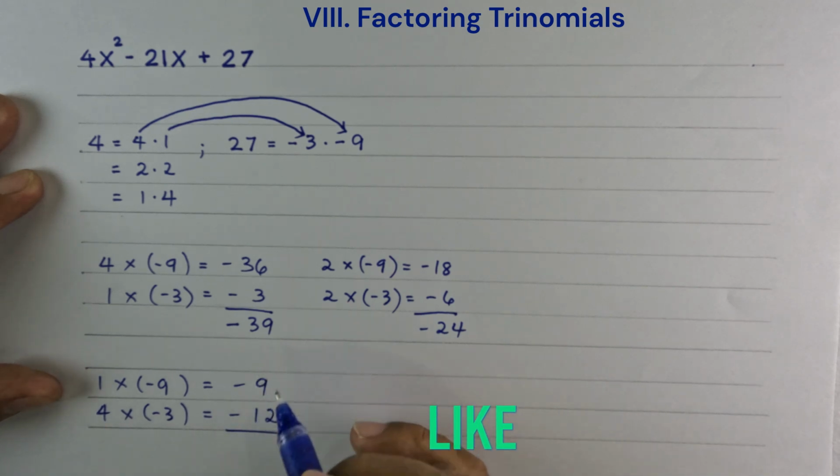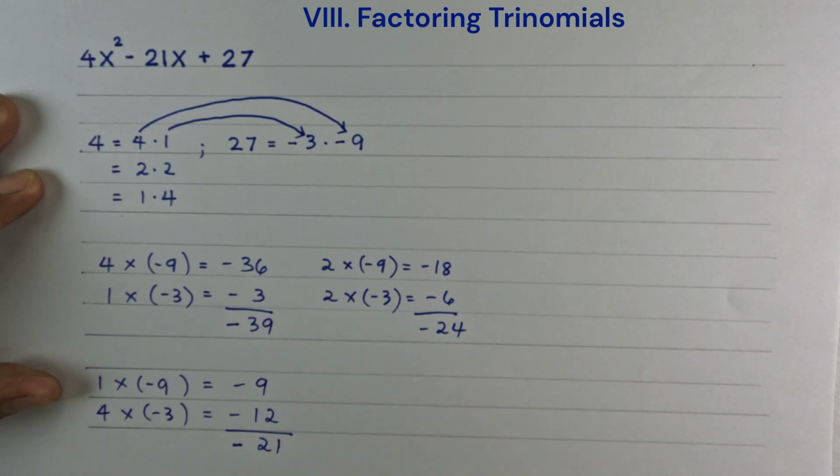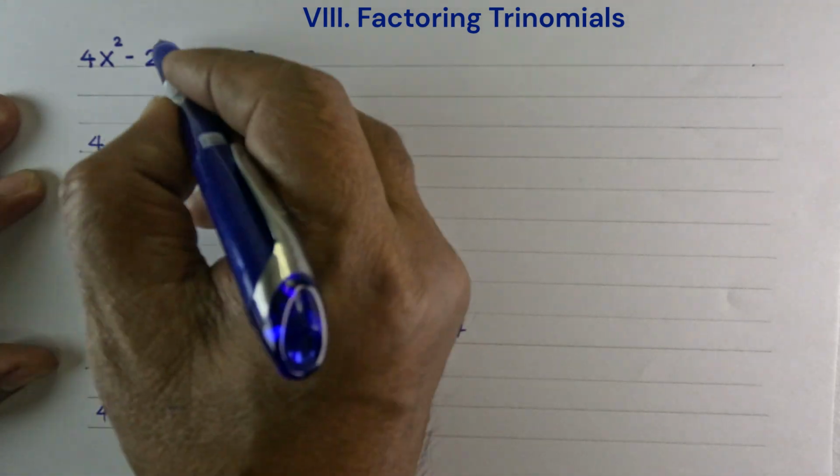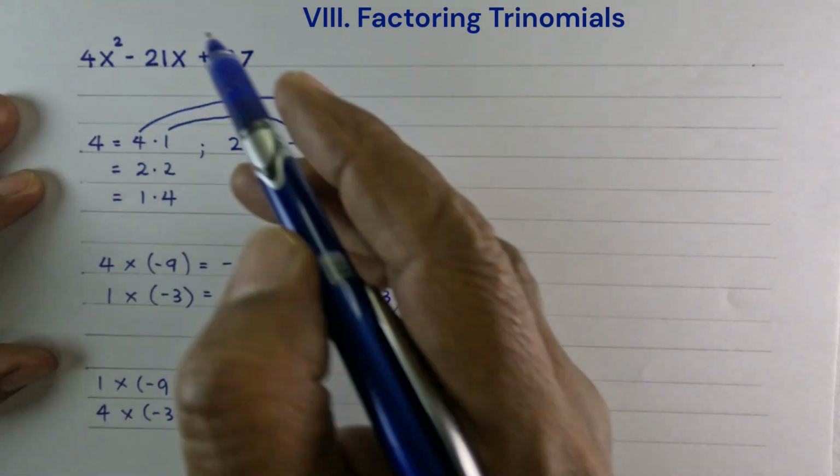So, get the sum, that's negative 21. Yeah, exactly the coefficient of the middle term.